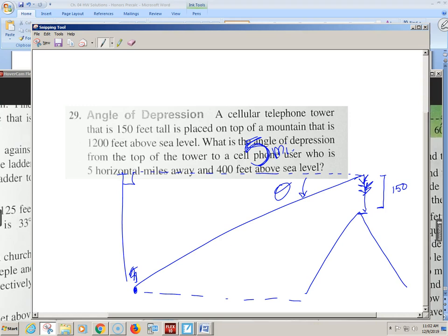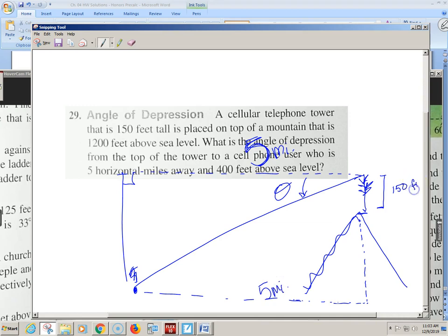This is where it starts to get a little awkward as far as an ideal solution. So they're saying 5 horizontal miles away from the cell phone tower. I know it's a little awkward because it's actually going into the mountain, but they're saying from wherever its location is, go down, measure that way, it's 5 miles. So it is legal for me to label that distance 5.